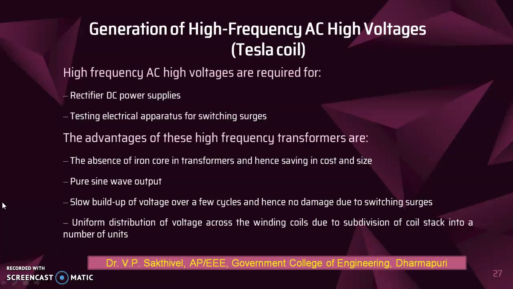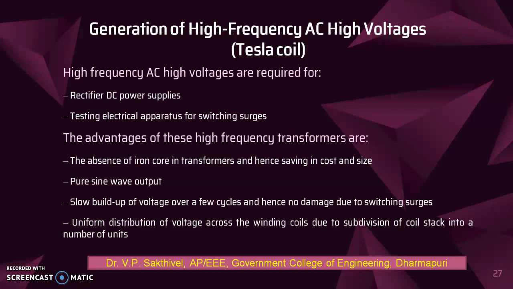Next topic is generation of high frequency AC high voltages. This is also called a Tesla coil, otherwise a high frequency resonant transformer.